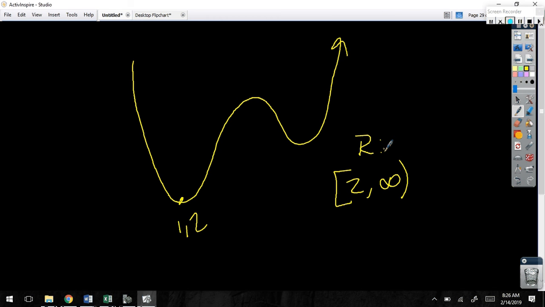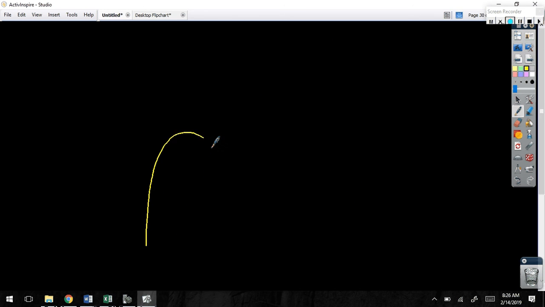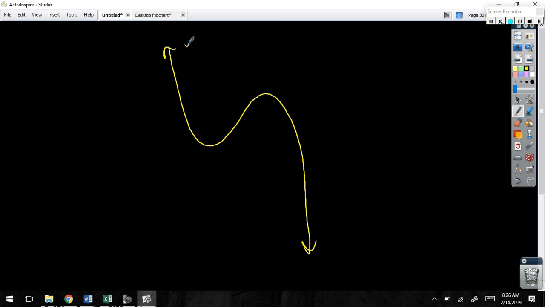With the domain and range, would it be negative infinity for the cubic? Yes, negative infinity. That's a good question. So with a cubic graph, that's a terrible cubic graph. Let's make it go the other way. Maybe I can draw it better. Domain here, yes, is negative infinity to infinity.